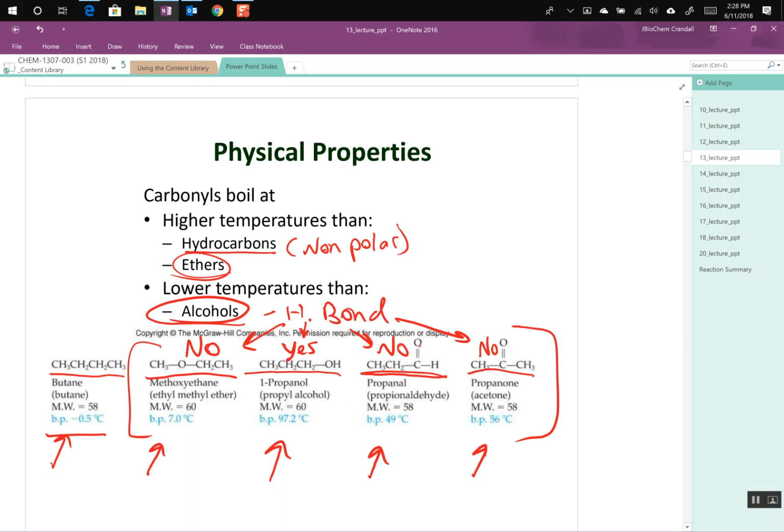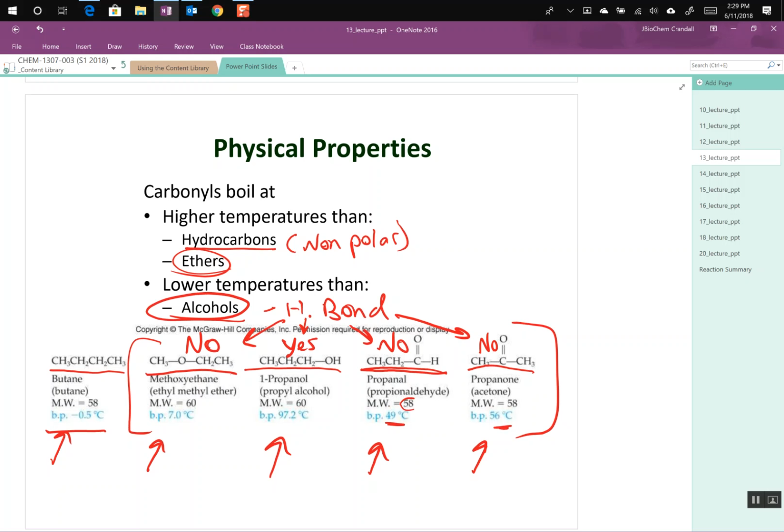So they do not, and you can see that in their boiling points, 49 degrees Celsius, 56. Between the aldehyde and the ketone, there's not a whole lot of difference between those boiling temperatures. So that's not where the biggest difference is going to come. It simply is going to come from the fact that it doesn't hydrogen bond, and alcohols do.